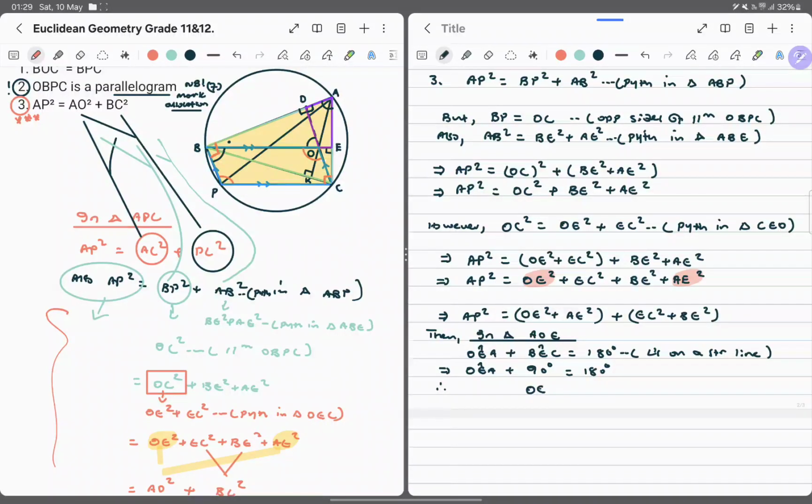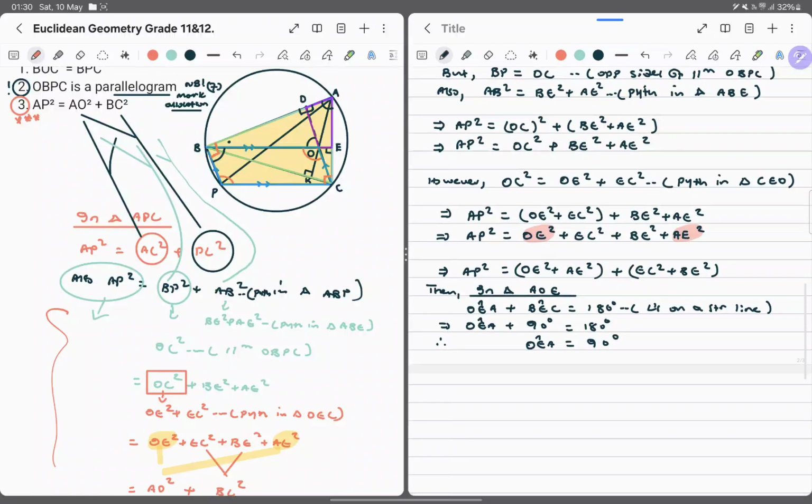Therefore, angle OEA is equal to 90 degrees. Remember, we need to show that that is 90 degrees. So everything we do, we justify. Please, don't be hooligans and don't assume the examiner knows what is going on.